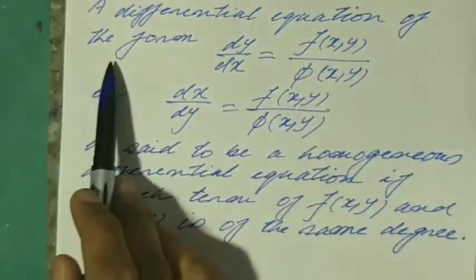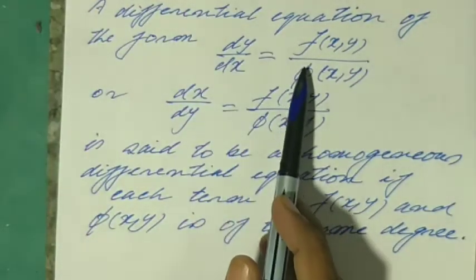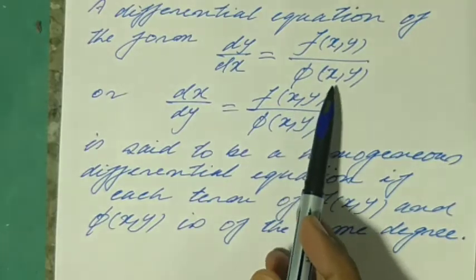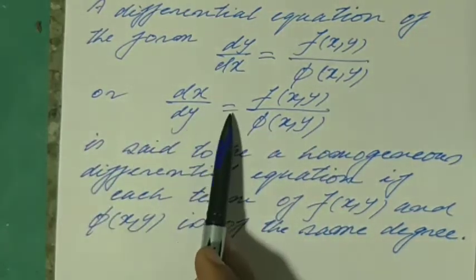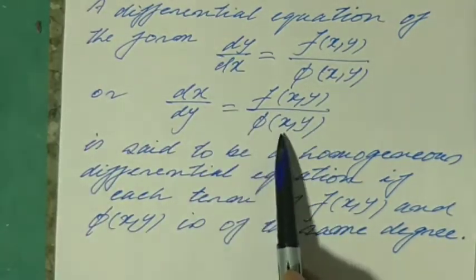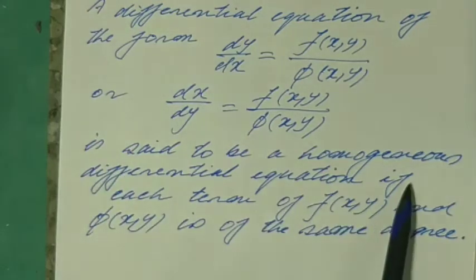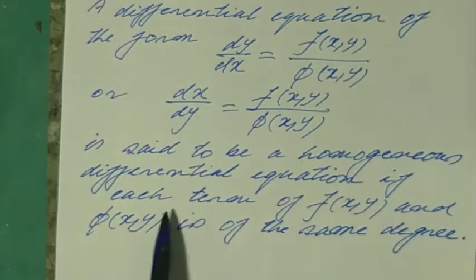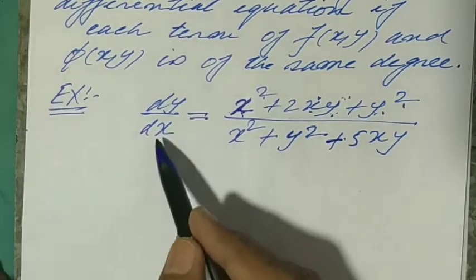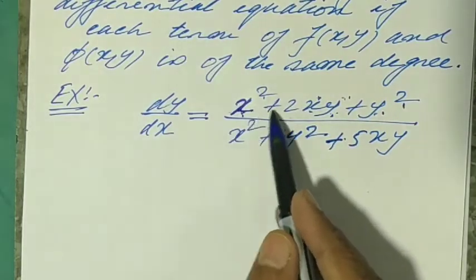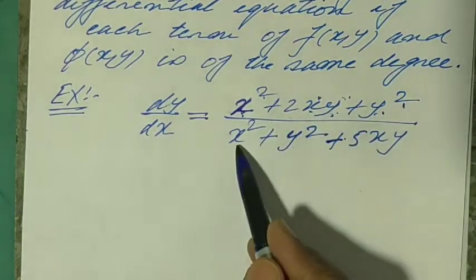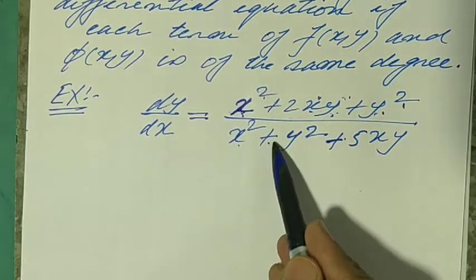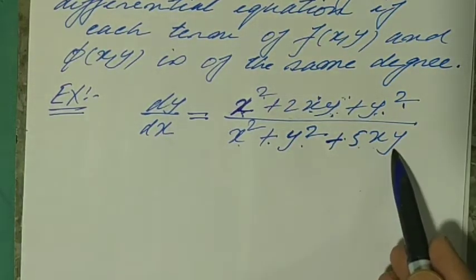A differential equation of the form dy/dx = f(x,y)/phi(x,y), or dx/dy = f(x,y)/phi(x,y), is said to be a homogeneous differential equation if each term of f(x,y) and phi(x,y) is of the same degree. For example, dy/dx = (x square plus 2xy plus y square) upon (x square plus y square plus 5xy).